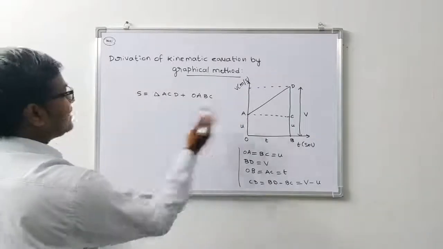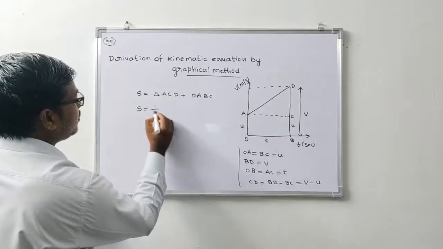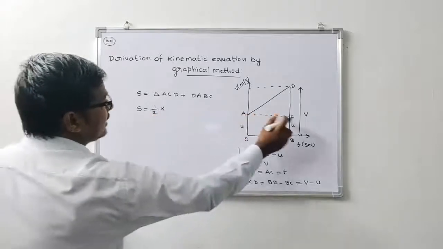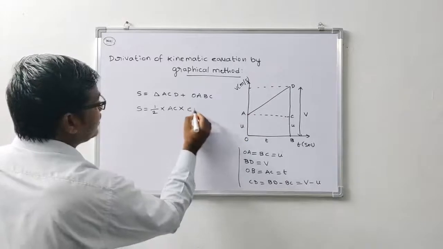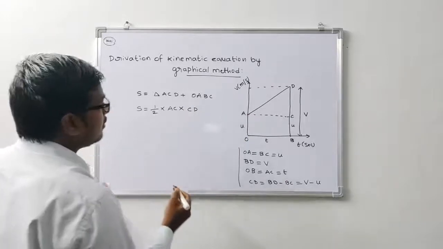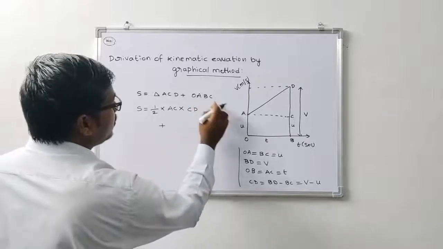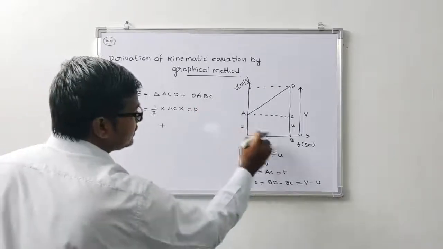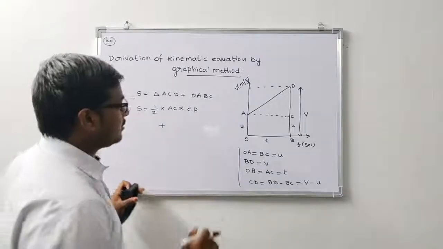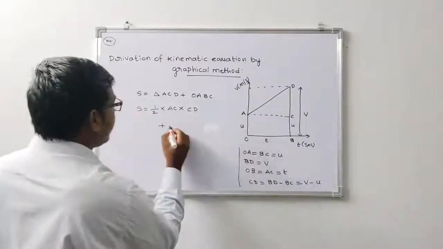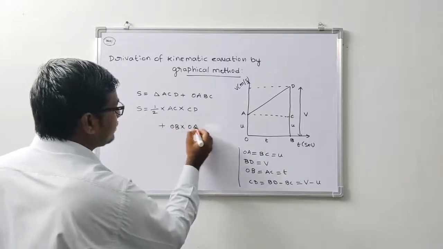Okay, for triangle ACD, the area of a triangle is half into base AC into height CD, plus OABC, which is a rectangle, and the area of a rectangle is length into breadth. Length is OB, breadth is OA.